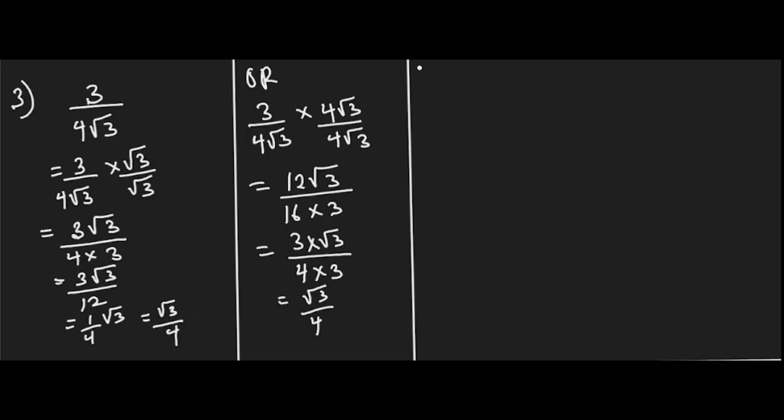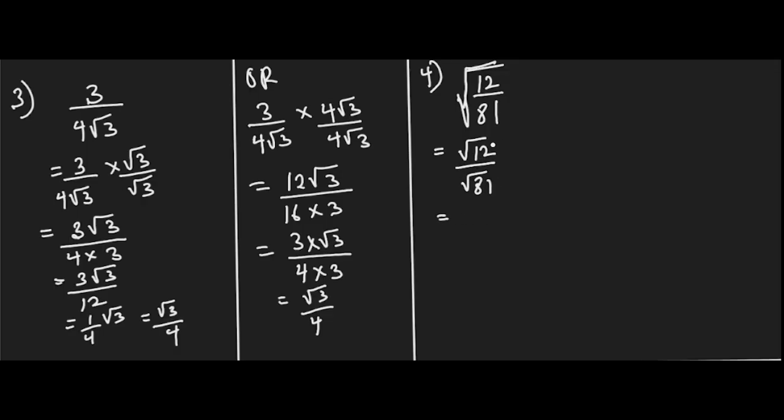Another one. We have root 12 over 81. Now, to simplify this from the law of surd or rule of surd that we learned at the beginning, we have root 12 over root 81.